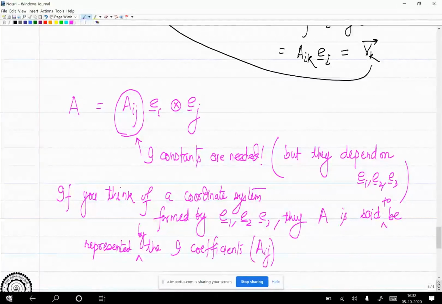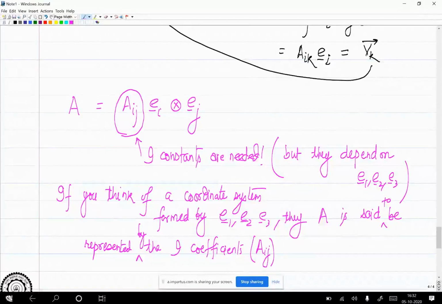And because it has 2 subindices, i and j, that's why we say it's a second order tensor. For third order tensors you will see that it will have 3 indices. For fourth order it will have 4 indices. For fifth order it will have 5 indices.